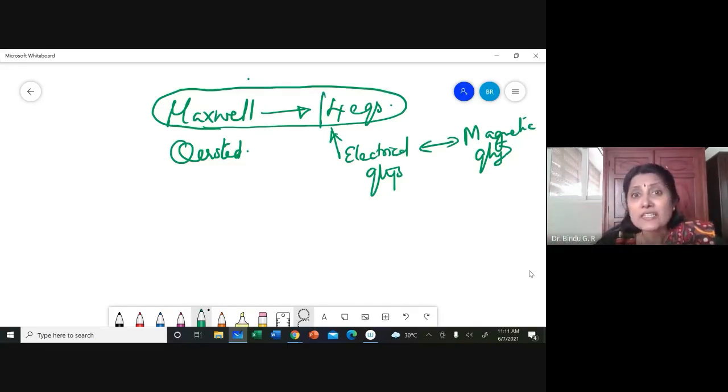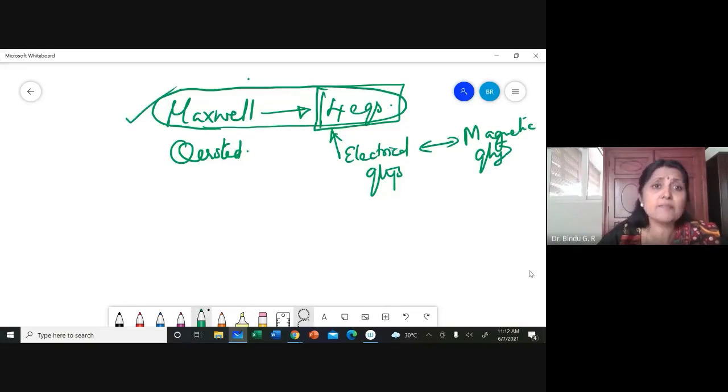Such 4 equations were framed by Maxwell, which revolutionized the whole area of electrical engineering. And that is how many of the phenomena occurring even in nature could be explained by these 4 equations.